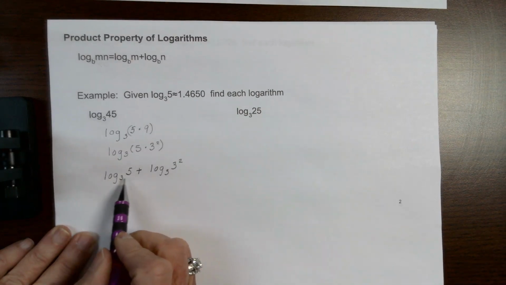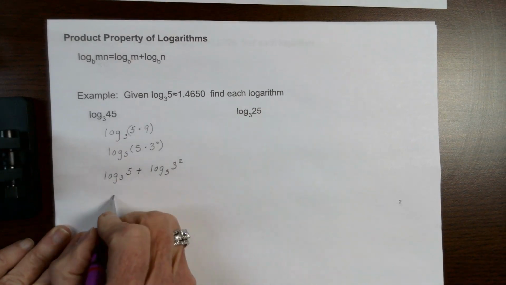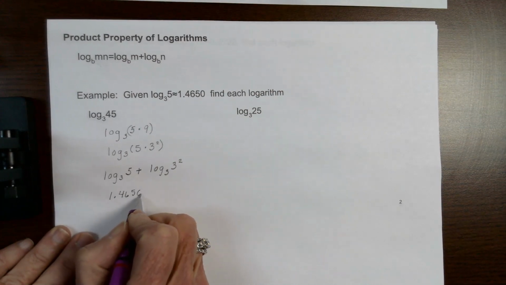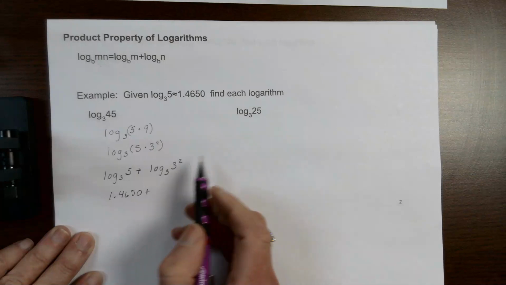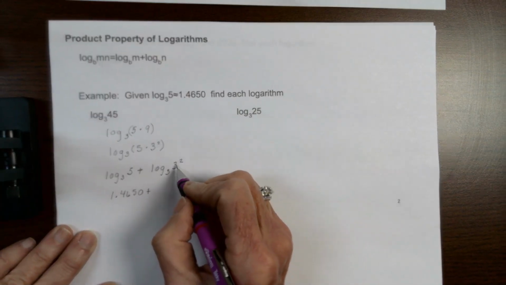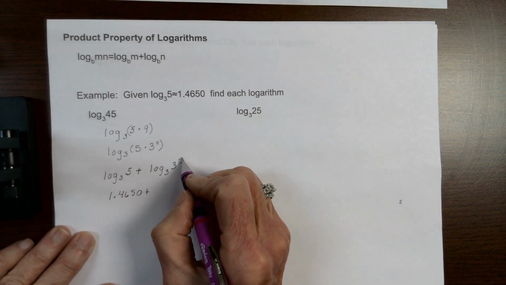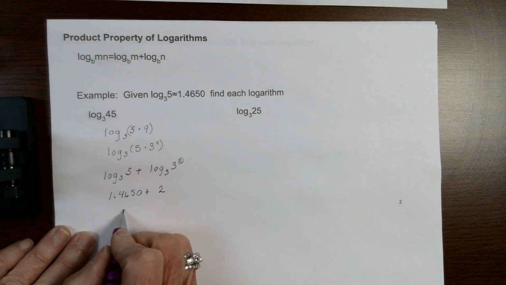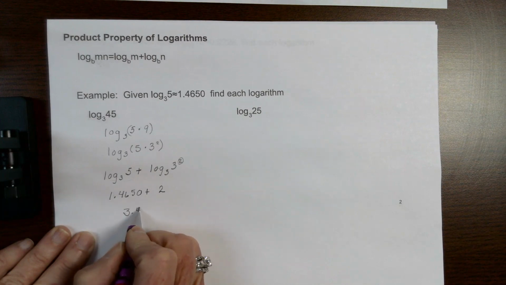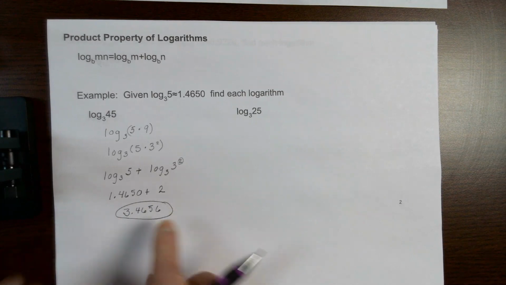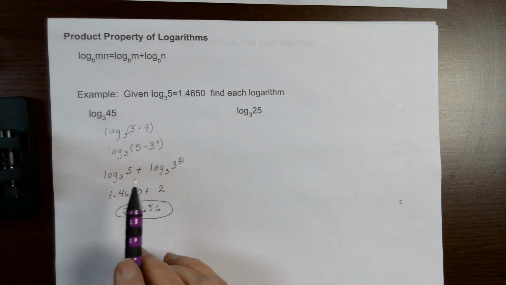Now, the log base 3 of 5, I can get that value right there. So I have 1.4650. This value, if you remember from the other section, the log base 3 of 3 raised to the second power is going to be that value right there. So my final answer here is 3.4650. That is the log base 3 of 45.